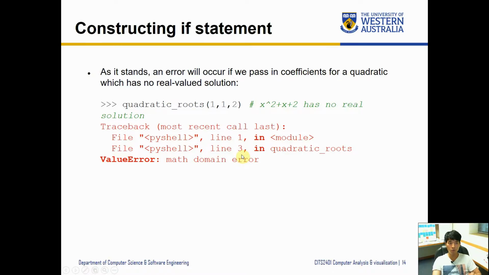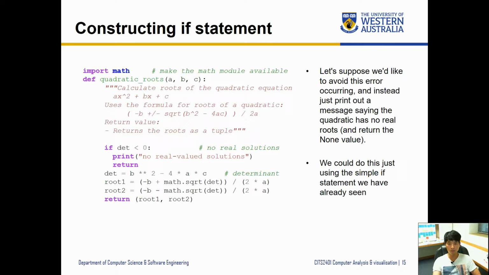So we need to capture those through different conditions, because we already know that certain values shouldn't be less than 0, for instance. For example, if the determinant is less than 0, this is where our equation will fall into no real value solution. So we can capture that using the if condition.